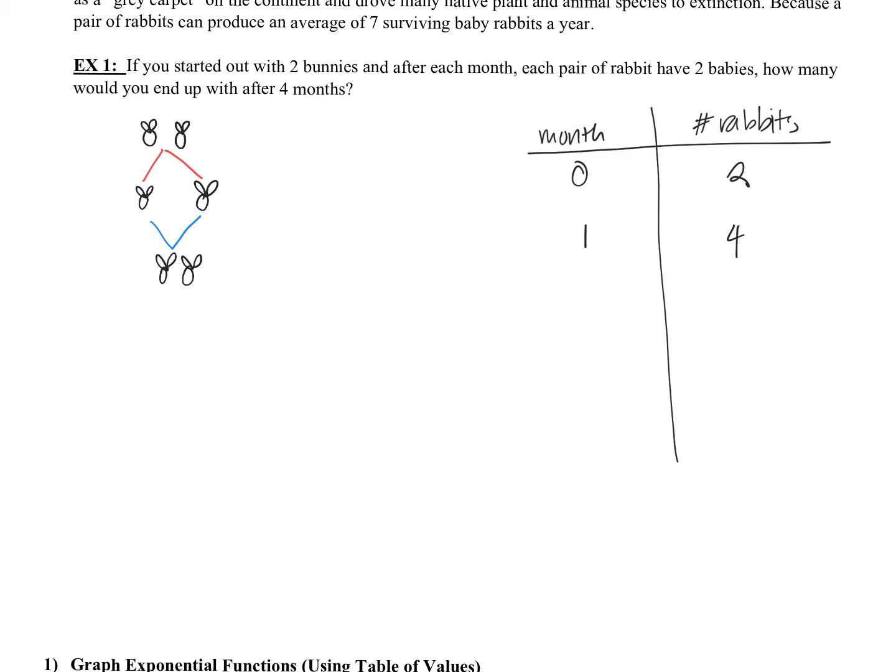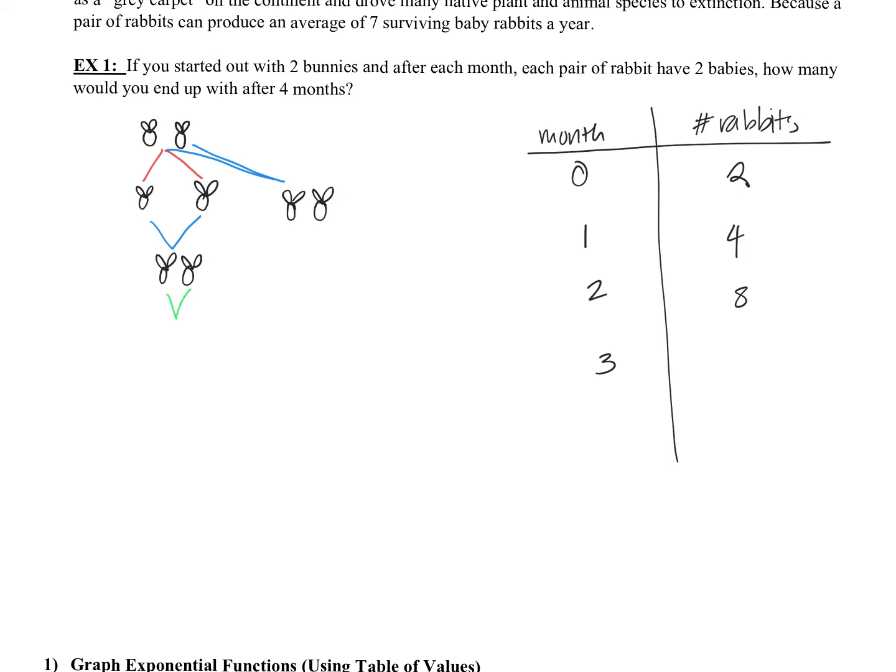Looks like some incest going on. And then this pair would also, once again, have 2 babies. Not the best diagram, but okay. So there we go. Now, how many rabbits do we see? 2, 4, 6, 8 rabbits. Okay, that was just month 2. So now month 3. Each pair is going to have children again.